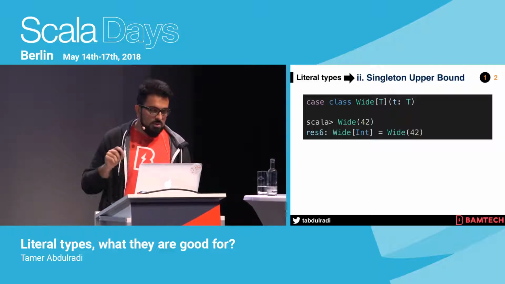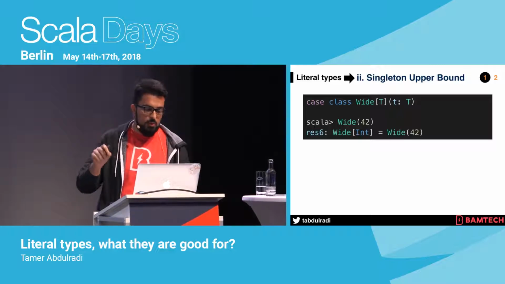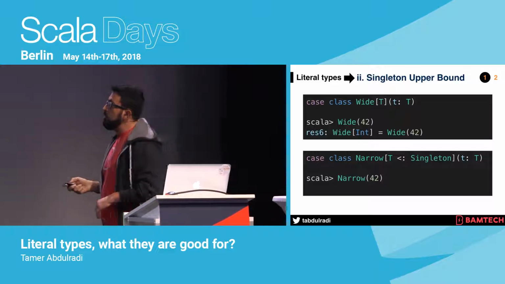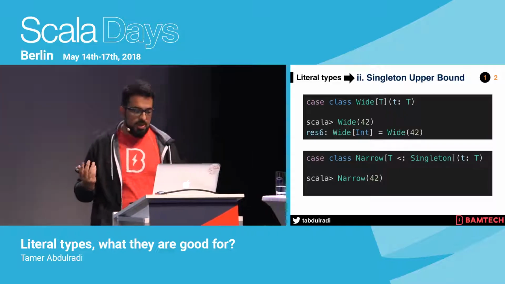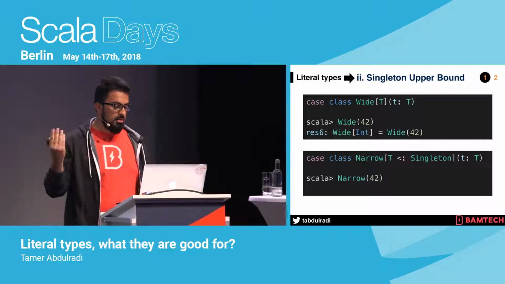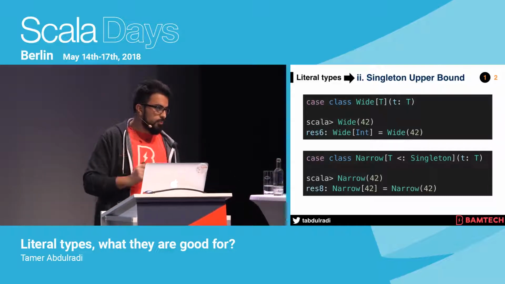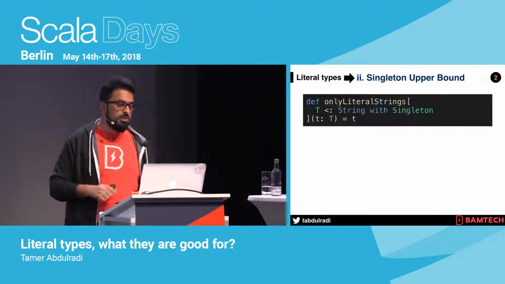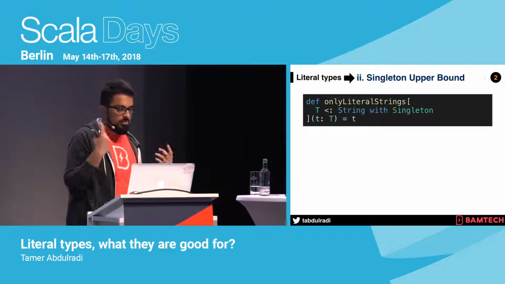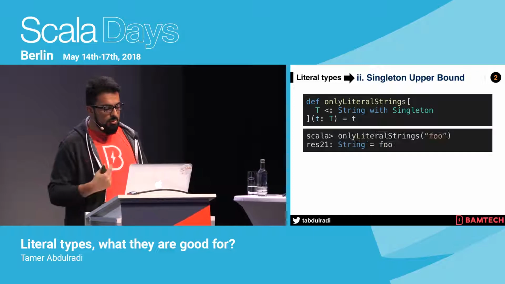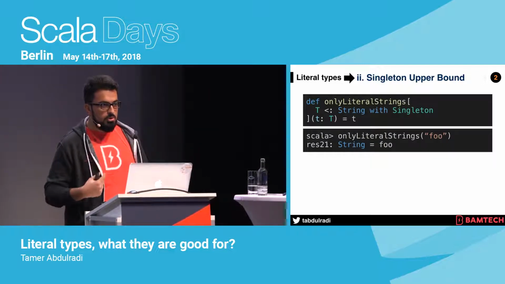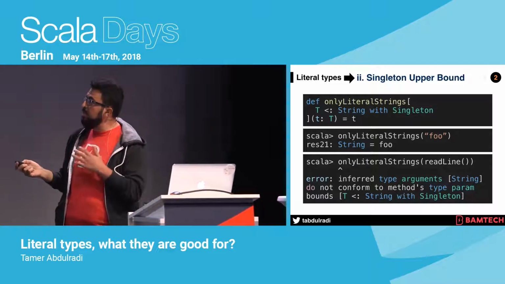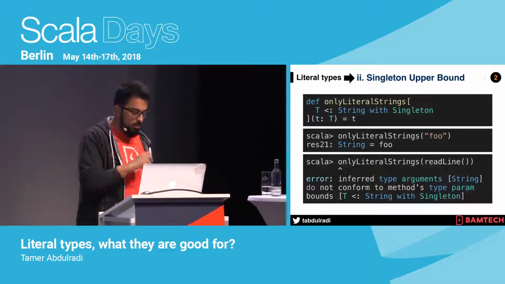The way you can force the type inference to pick the narrow one is by passing here an upper bound of Singleton. So this means the value here has to be a literal value, and it will pick the most narrow type, 42. Okay? One other cool use case of this Singleton is if you mix it with String, for example, you will be able to write a function that accepts only hard-coded values, but not runtime values. And we will see this specific example in one of the use cases.